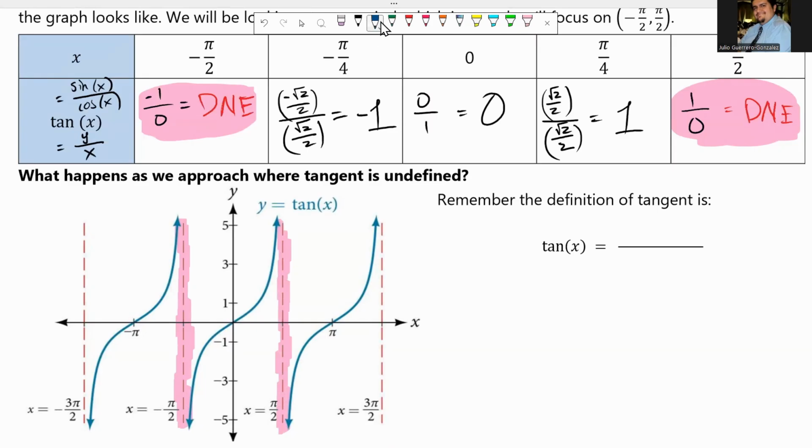All right. If you take a look, right, at pi over 2, or sorry, pi over 4, that's going to be a positive 1. That's going to be that point right there. So each one of these, if you take a look, right, this is going to be negative pi over 4, and this is going to be positive pi over 4.